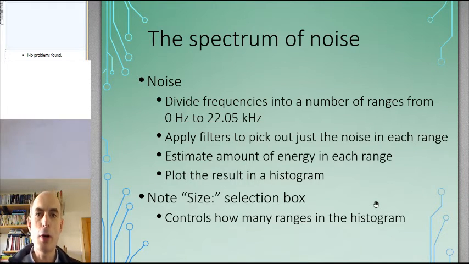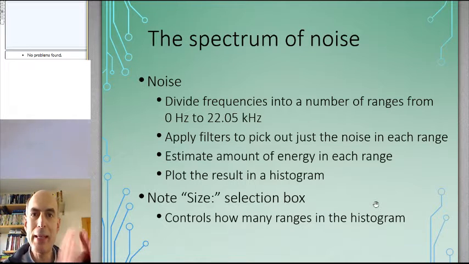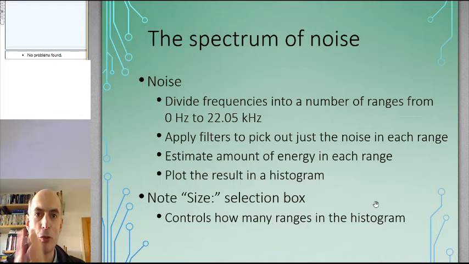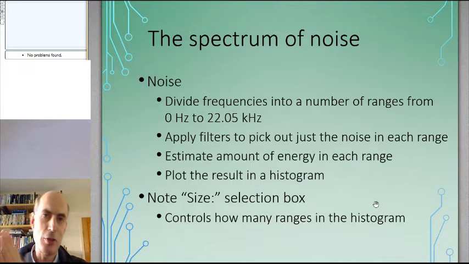Put them through a whole bank of bandpass filters which pick out just the noise around certain frequencies, work out how much noise you have in each of those frequency bands and plot them. It produces something known as the power spectral density of the noise.